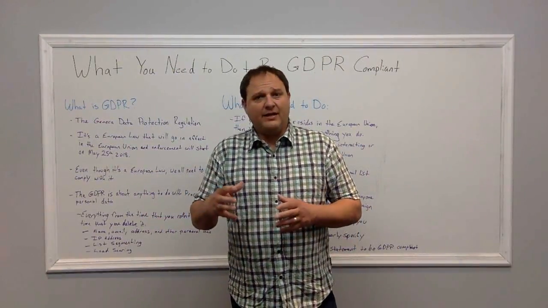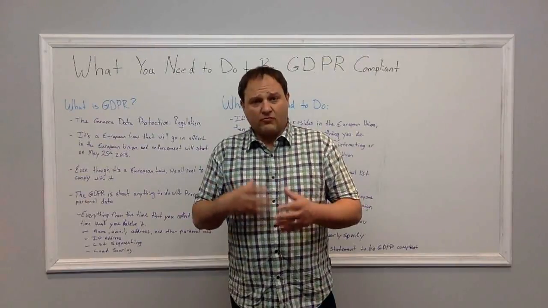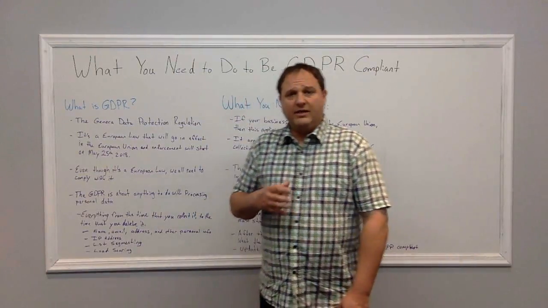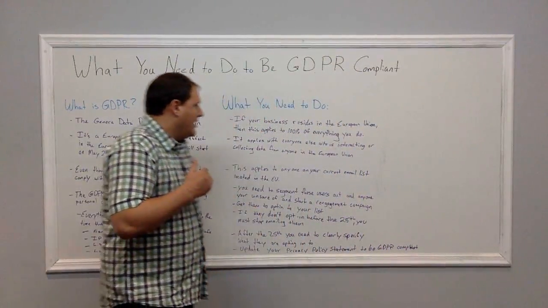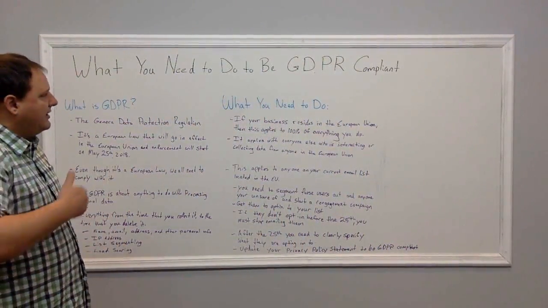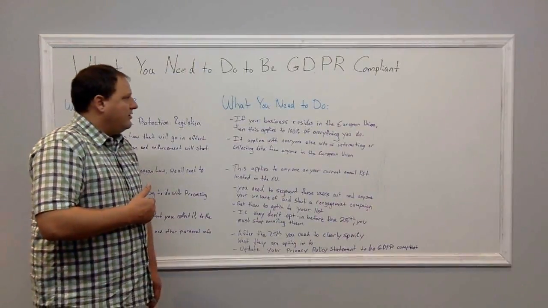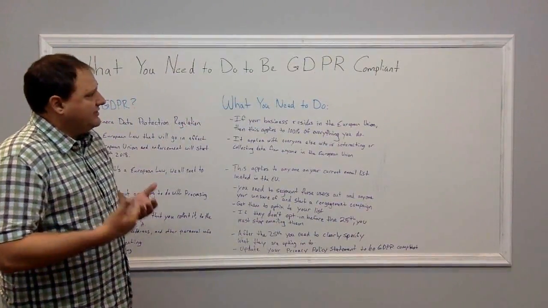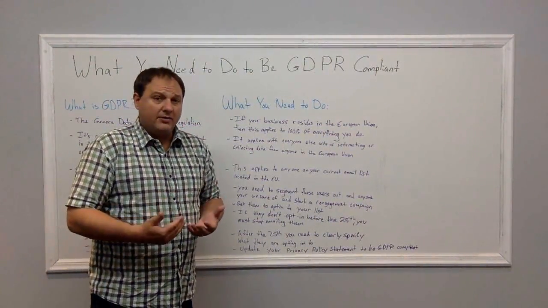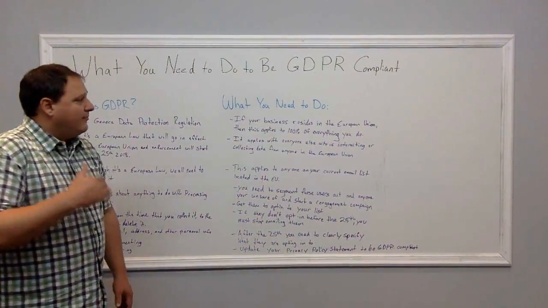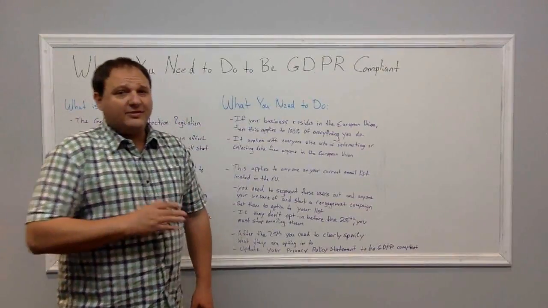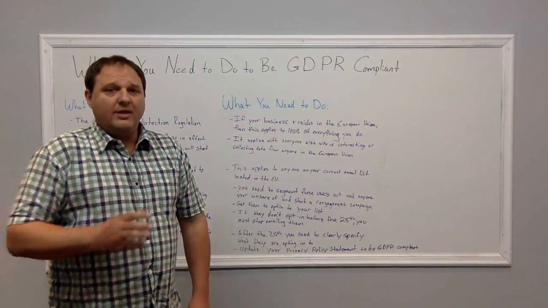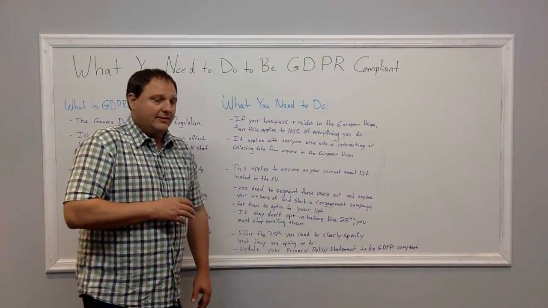All this stuff is in the rules and regulations of the GDPR. So in order to be compliant, if your business resides in the European Union, then this applies to 100% of everything that you do. Every single transaction that comes through, you need to comply with this.